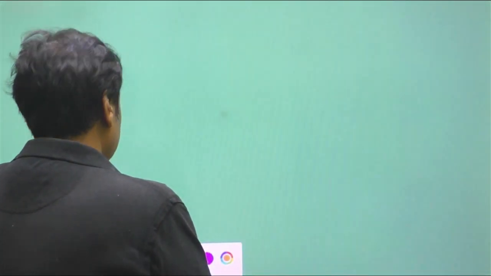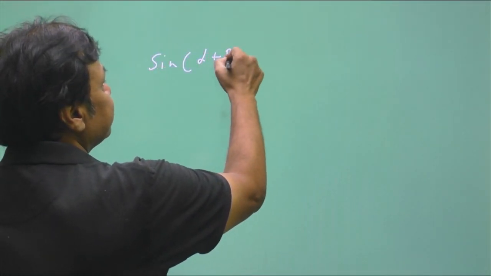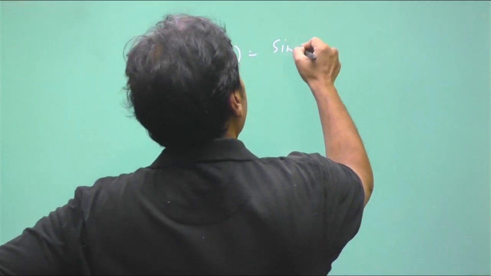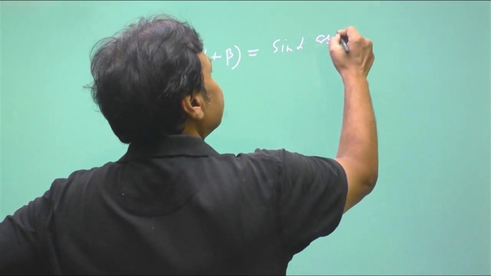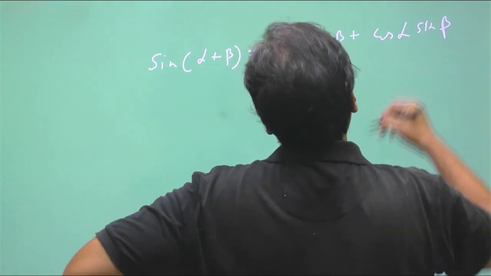And now we have another formula: sin alpha plus beta is sin alpha cos beta plus cos alpha sin beta.